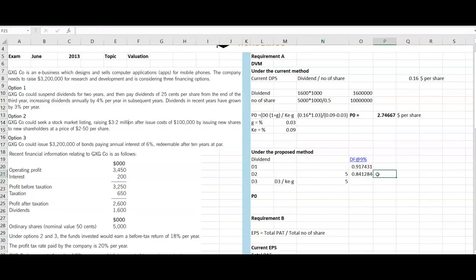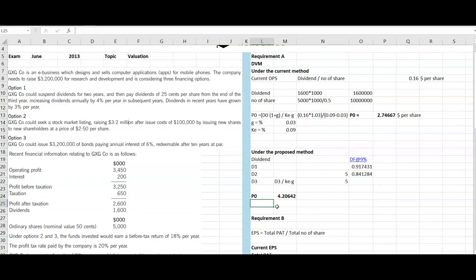Multiply these, and you will get the P0 value. So P0 would be this 5 into this number, which gives the value under the dividend method, 4.2. Since 4.2 is higher than the 2.74 value, it is better to go for the proposed method.